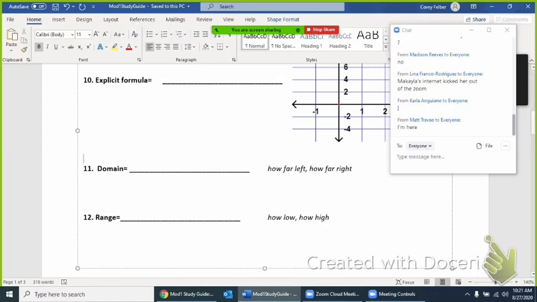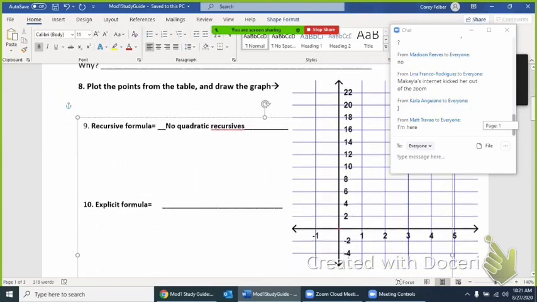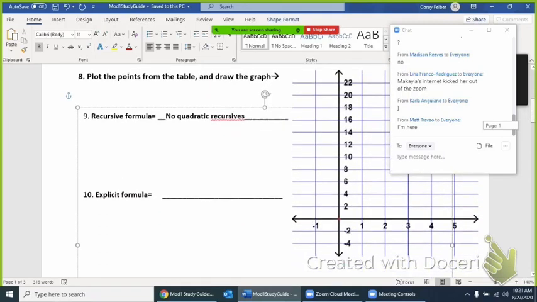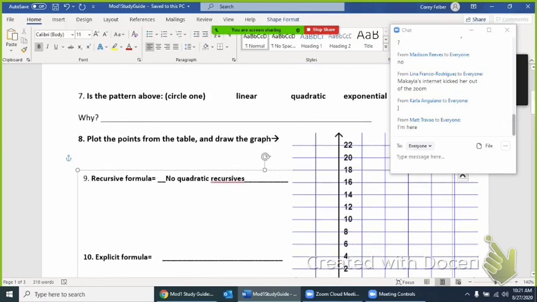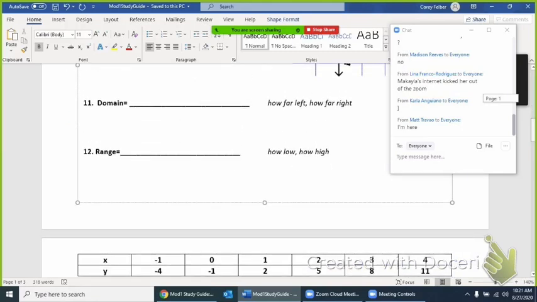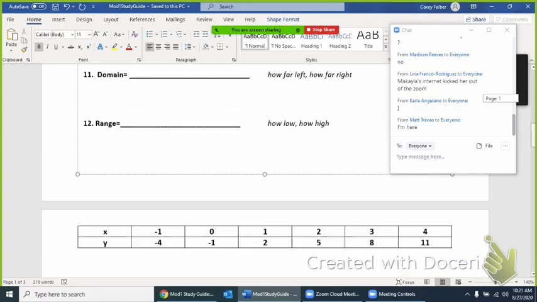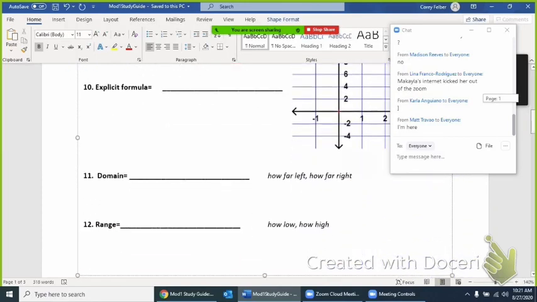And on these ones, when you graph these points and connect the dots, there should be arrows, like the pattern keeps going both directions. We just don't know what it is. So keep that in mind when you're thinking about domain and range. There should be arrows in both directions, on both ends of your graph, I should say.